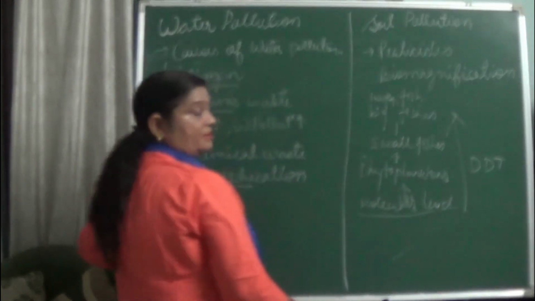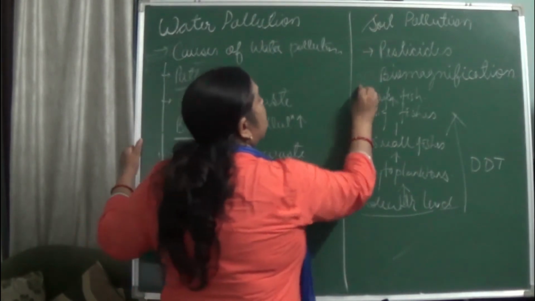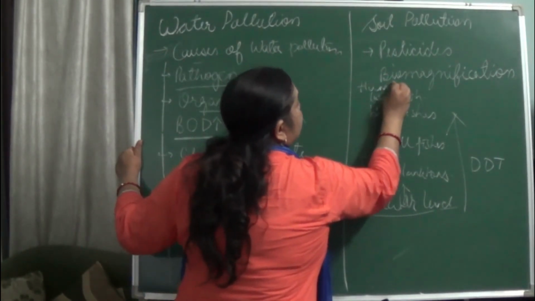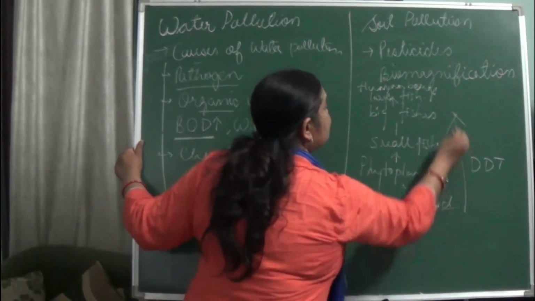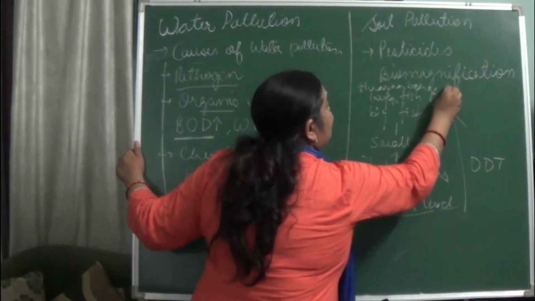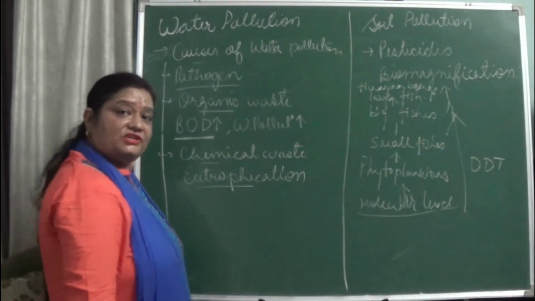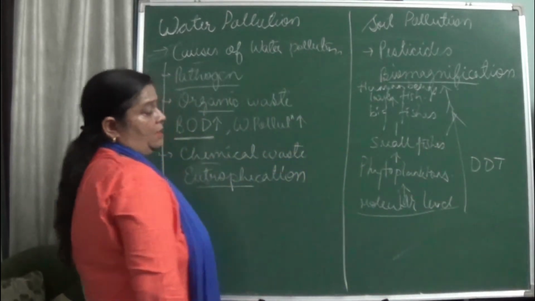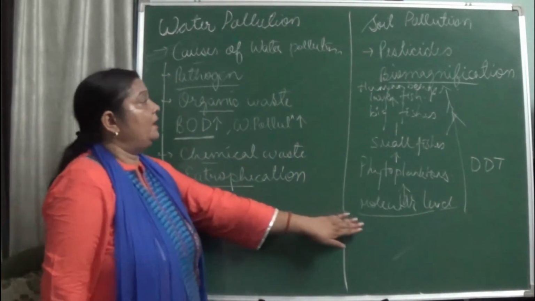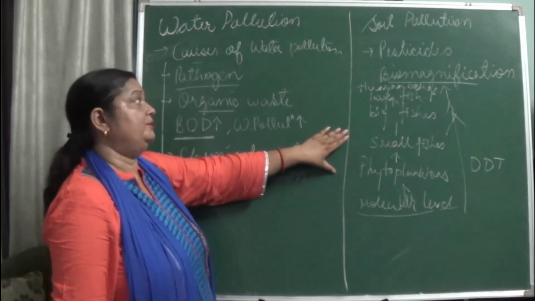The amount goes on increasing, and ultimately it is fed on by whom? The human beings. So it goes on increasing, and this condition is known as what? Biomagnification. Okay, this is known as biomagnification. And these pesticides and fertilizers are the main soil pollutants.